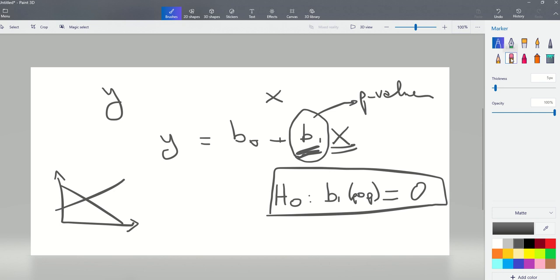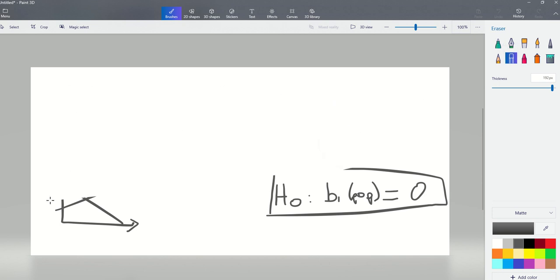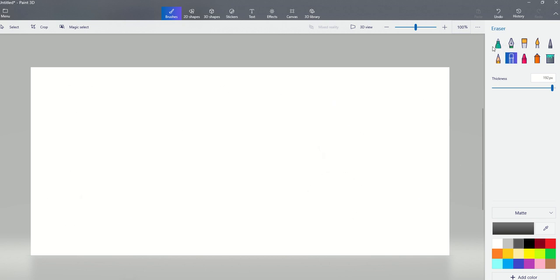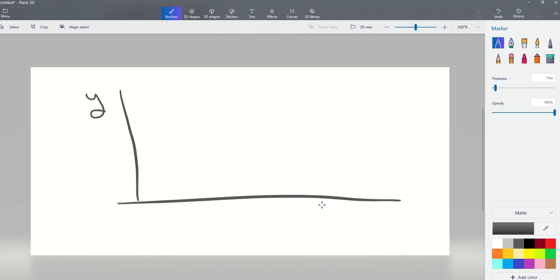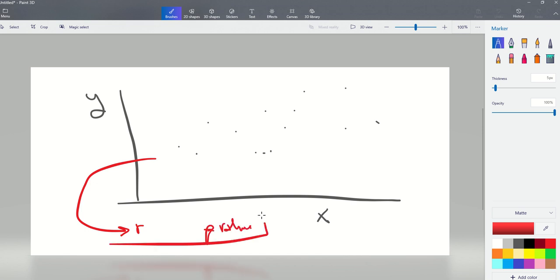So let's recap all of this. If I have the situation where I have y and x and I'm doing the scatter plots, in this instance, if you calculate a Pearson correlation, that Pearson correlation will have a p-value. So this is one analysis.